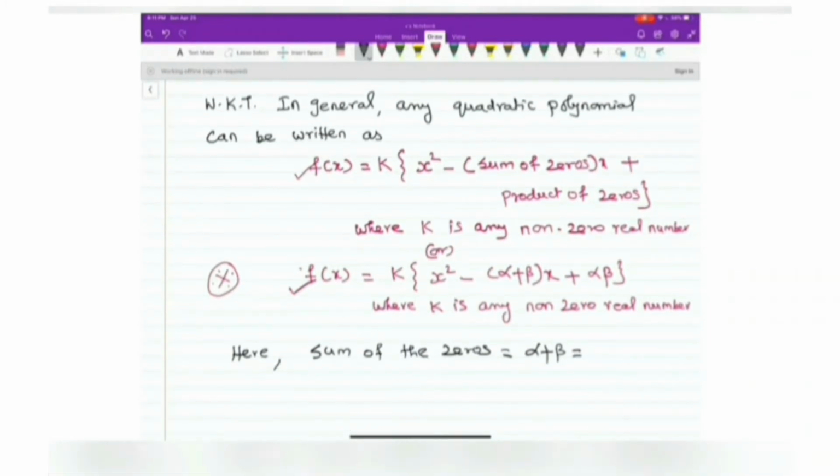Then the product of the zeros is equal to alpha beta is equal to minus 1. Let me name the quadratic polynomial what I have written over here as 1, and sum of zeros alpha plus beta equal to 1 by 4 as 2, and product of the zeros alpha beta equal to minus 1 as 3.